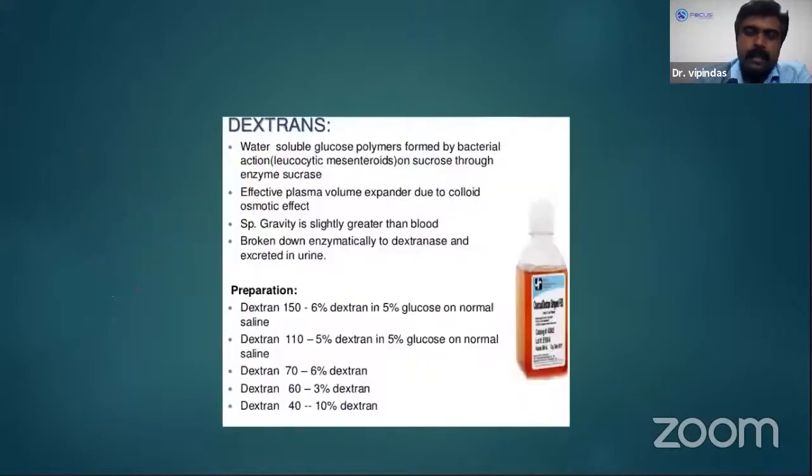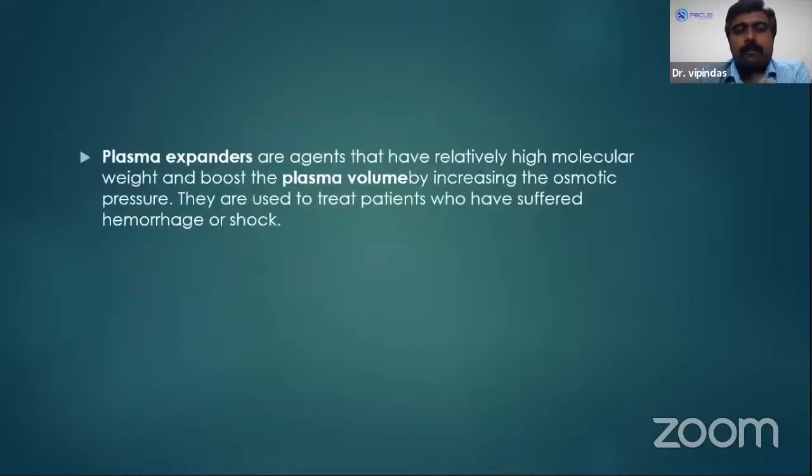Okay, and what are these plasma expanders? These plasma expanders are the agents that have relatively high molecular weight and boost the plasma volume by increasing the osmotic pressure. They are used to treat patients who have suffered hemorrhage or shock.